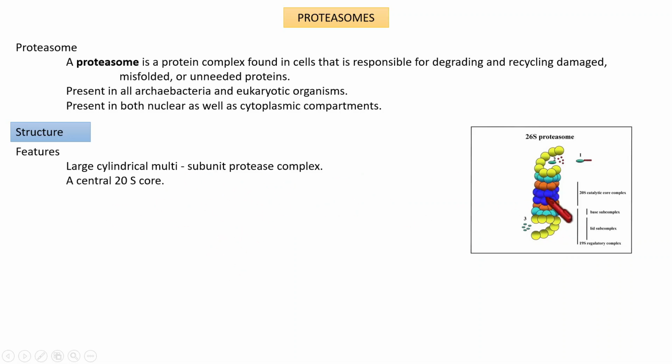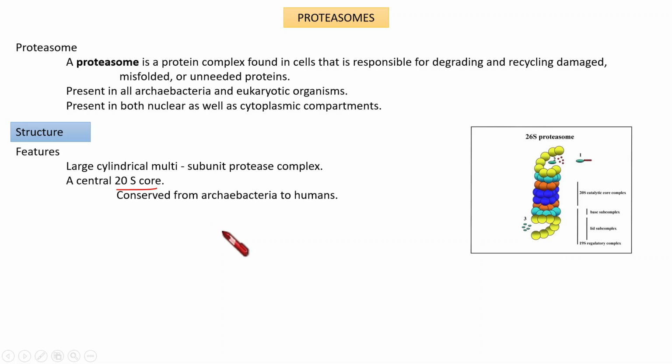It has this portion, the central 20S core. Then let's see the features of that 20S core. That core is conserved. If we examine archaebacteria up to human, we can see that the amino acid sequence of this 20S core is conserved. There is no change.